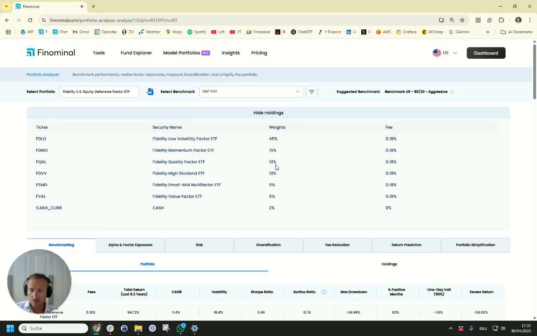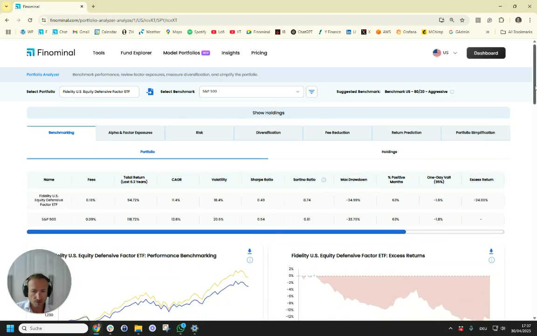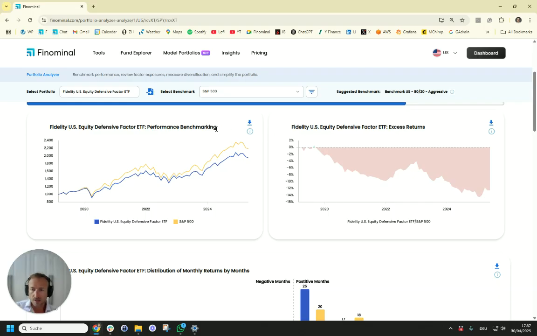Now, let's kick off with a benchmarking exercise, and we're going to use the S&P 500 in this case. What we do see is that if we roll back this portfolio, since 2019, this portfolio has underperformed. We can see the excess return is consistently negative.